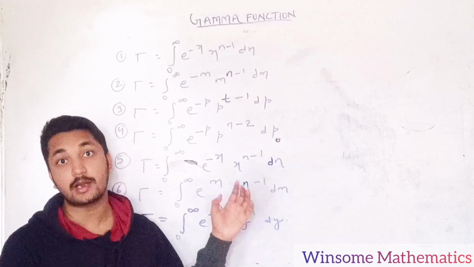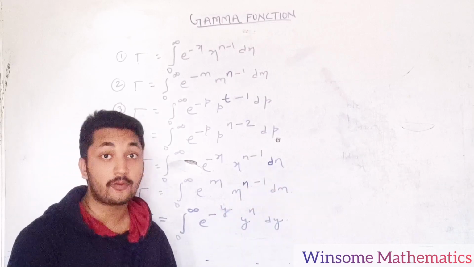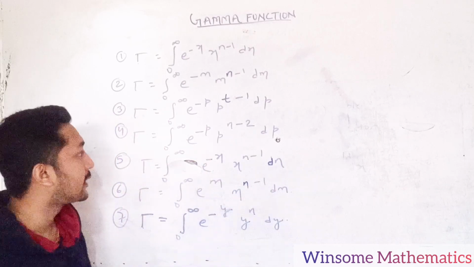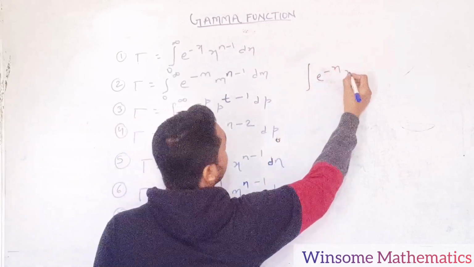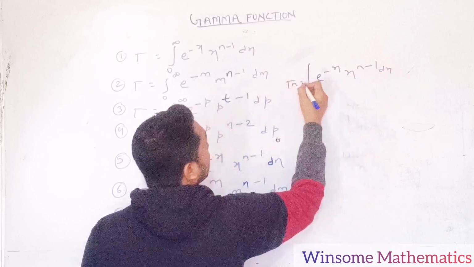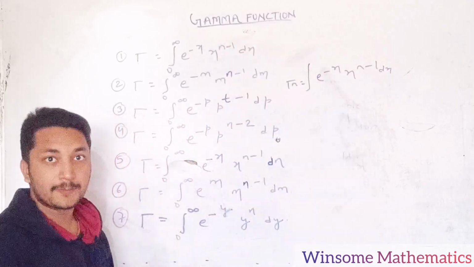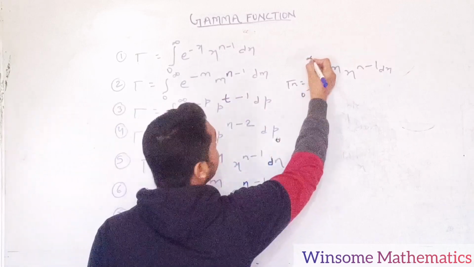So first of all, check whether the integral is proper or not. What is the form of the gamma function? The form is simple: e to the power minus x, x to the power n minus 1 dx, and this is called gamma n.